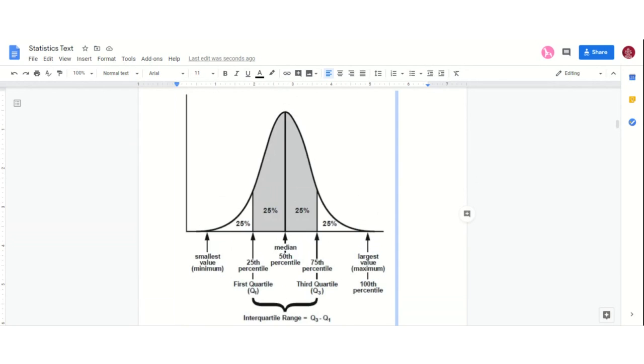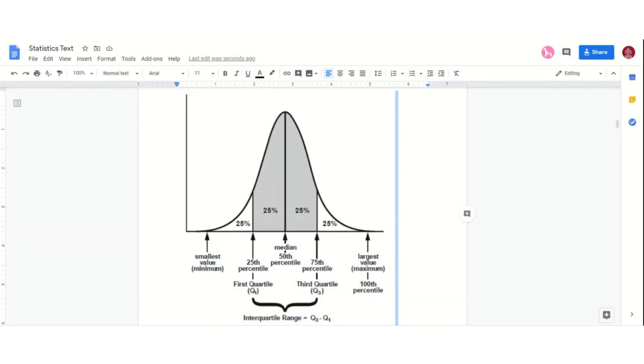That's your hinge point for your mirror image. And the smallest 25% and the median are split by the 25th percentile. You can also call it the first quartile, or Q1, as you can see it abbreviated.